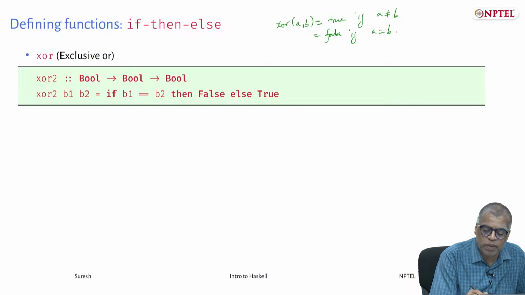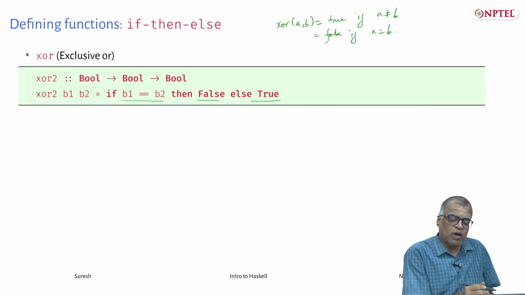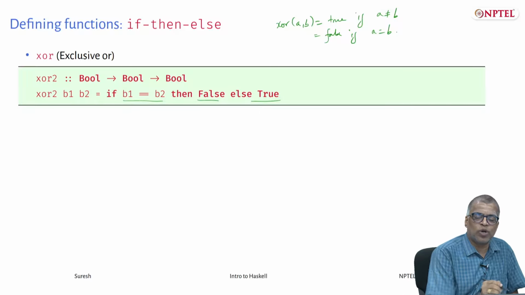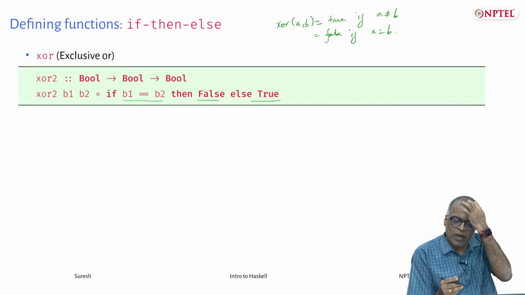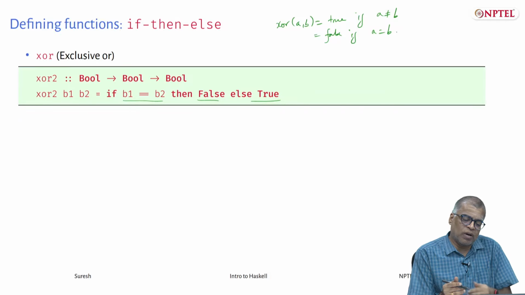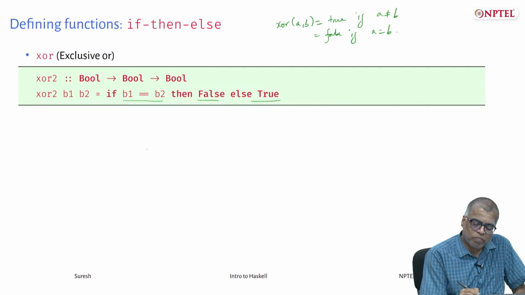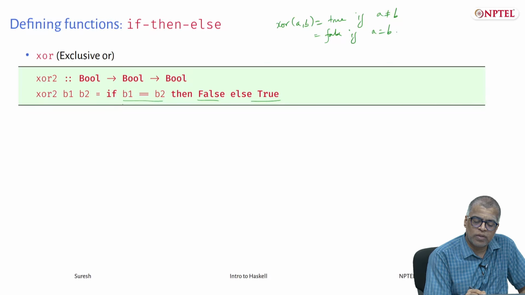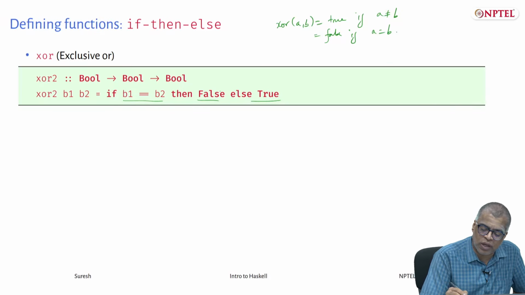If B1 equals B2, then false, else true. This is another way of defining XOR. I am calling it XOR 2 because you can conveniently write all these functions in one file and test them all out. So this is the second definition. Notice the important point here that this whole thing is an expression.